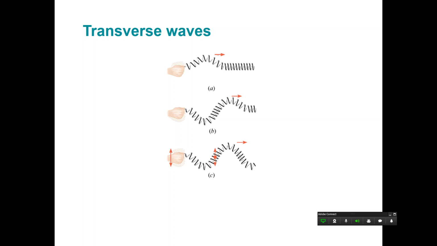So you see here, the direction of the wave is always towards the right. This peak that I created is going towards the right. That's the direction of motion, or direction of the wave rather.